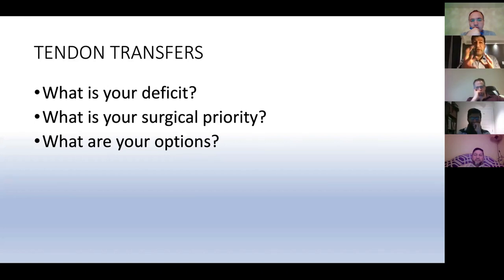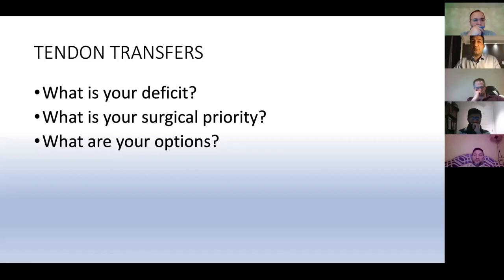It then gives off 3 branches: anterior interosseous nerve to FPL, FDP to index and middle, and pronator quadratus. And then it gives off your LOAF muscles and sensory to the radial 3.5 digits, and also a palmar cutaneous branch. So with a low median nerve palsy, you've just lost your LOAF muscles. That's your deficit, and you've lost sensation to the radial 3.5 digits.